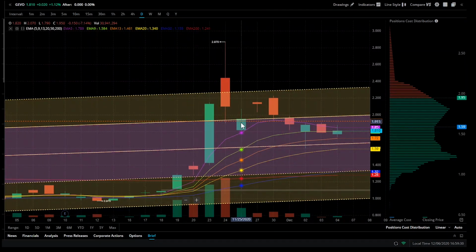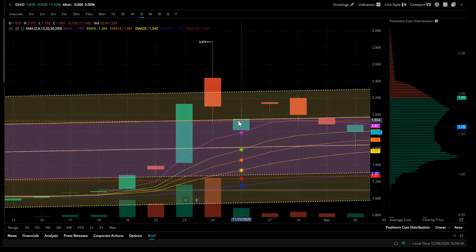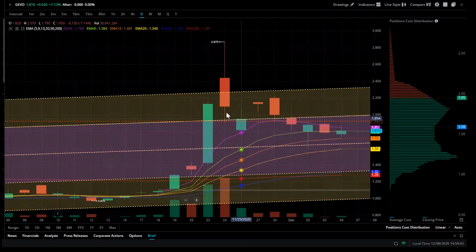Now that's very interesting because it closed under this level, and then the next day it goes all the way up here. So that was tricky because we thought, okay, it's bounced back out of this, and now it's actually going to break out again, but it didn't.